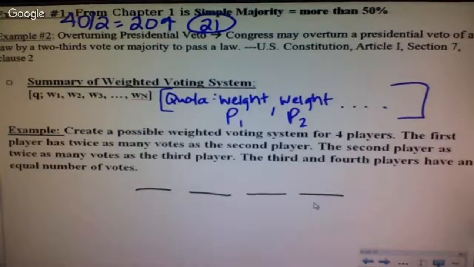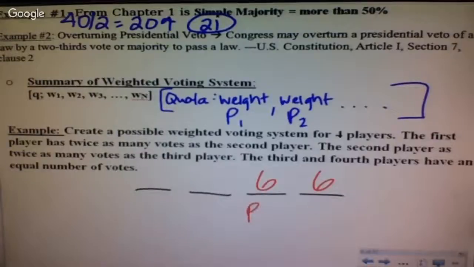The easiest way to attack these problems: who has the smallest number of votes? Third and fourth. So give them some number. We can do 6. If third is 6, and third and fourth have an equal number of votes, that means player 4 also has 6.